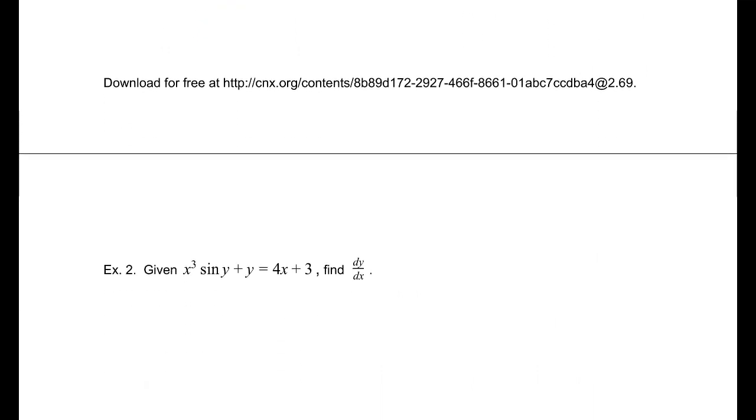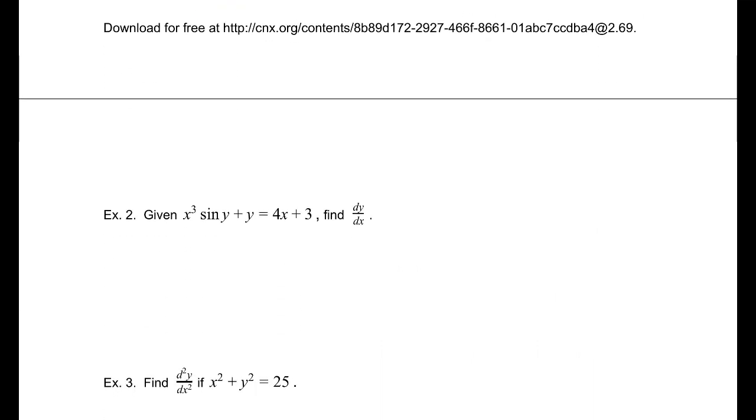So number 2, given x cubed sine y plus y equals 4x plus 3, find dy/dx. Well, for the first portion of this, we need to use the product rule. So I will use this as my u and this is my v. Whenever I take the derivative of something with a y, I'm going to have a dy/dx. So u prime v, so that'll be 3x squared times sine y.